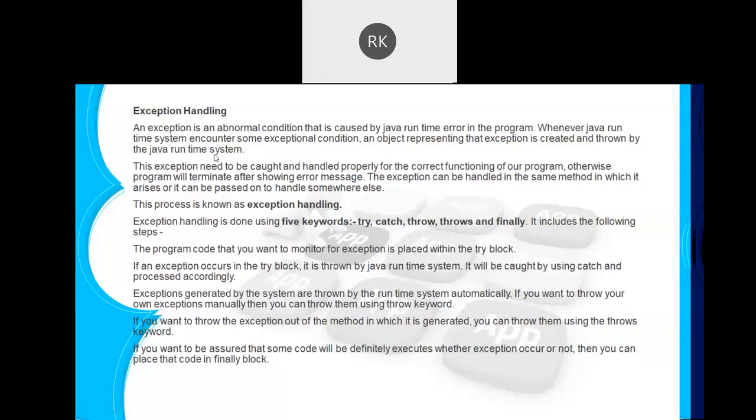Whenever the Java runtime system encounters some exception condition, like trying to store 15 values in an array that can only hold 10 integers, or trying to convert hello into an integer, the Java runtime system will create an object representing that exception.